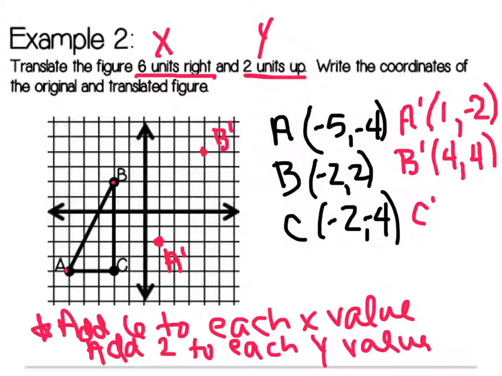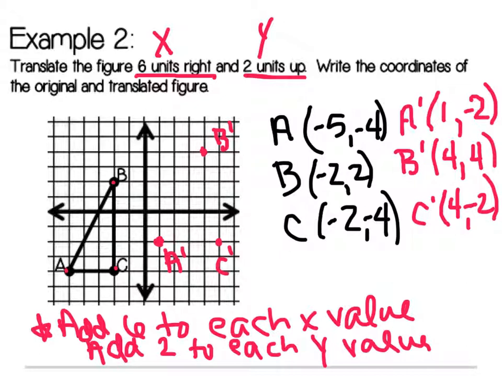So our ordered pair for our image of B is 4, 4. And the last one, point C, put your pencil on point C. We're going to move 6 units to the right and 2 units up. Label that C prime. We were at -2, when we add 6, -2 plus 6 is +4. And then -4 plus 2 is -2.